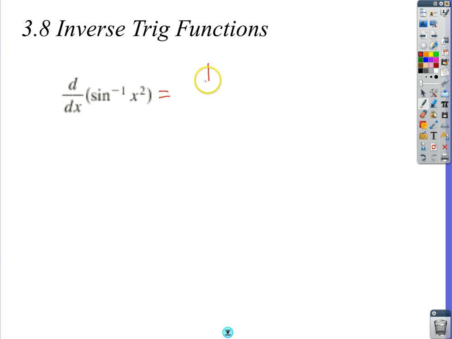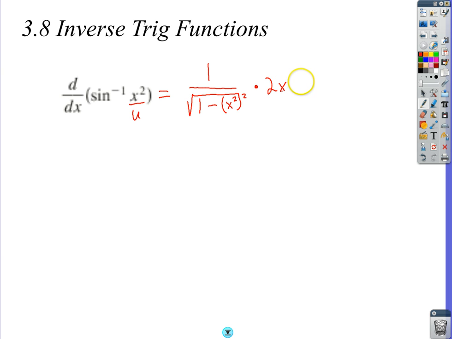It's going to be 1 over the square root of 1 minus u squared. This is my u, so that'll be x squared, times, because it's a chain rule, the derivative of my u, which is 2x.